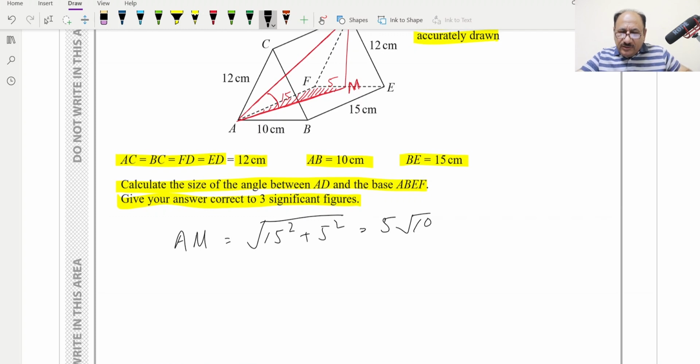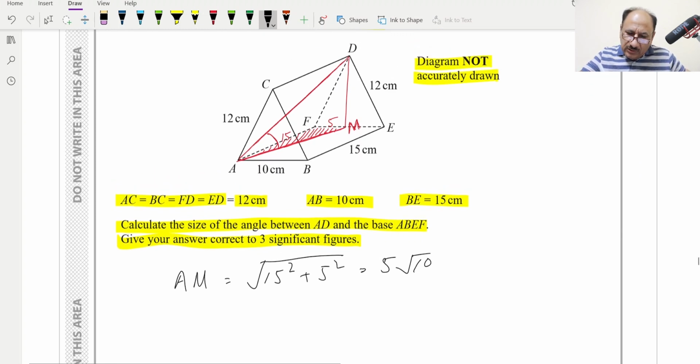So we got this value, which is 5 root 10, and now this side is required.